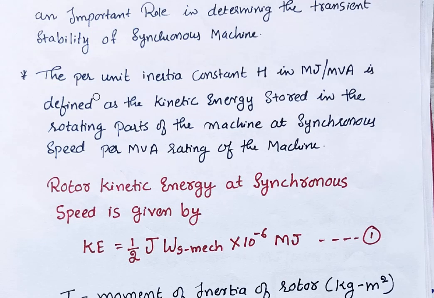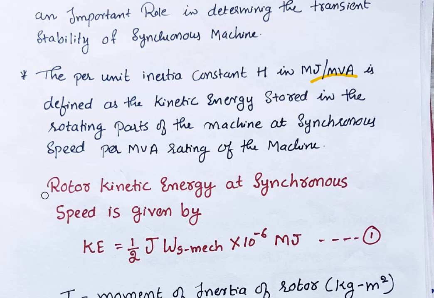Now the per unit inertia constant H in megajoules per MVA, which I will explain in the further derivation, is defined as the kinetic energy stored in the rotating parts of the machine at synchronous speed per MVA rating of the machine. Here we are taking the mechanical synchronous speed.